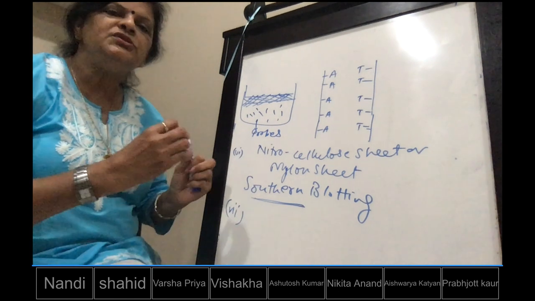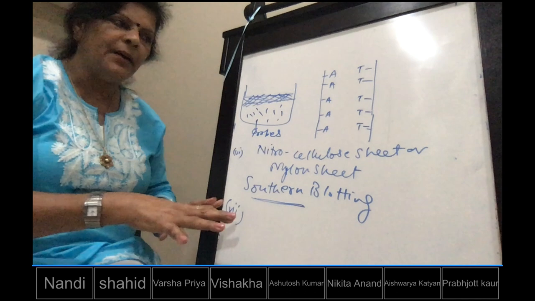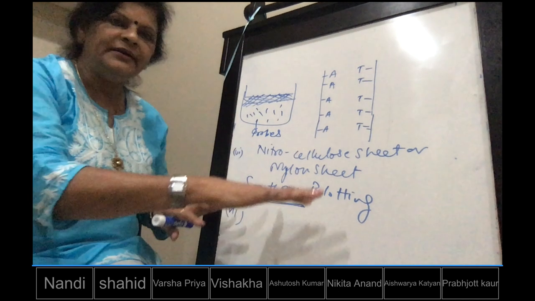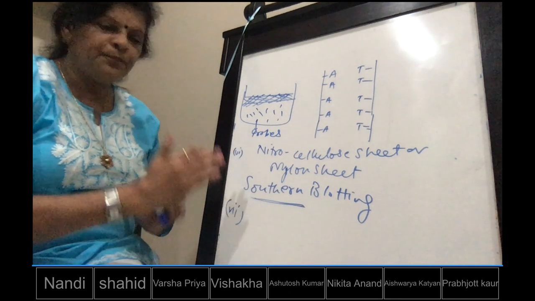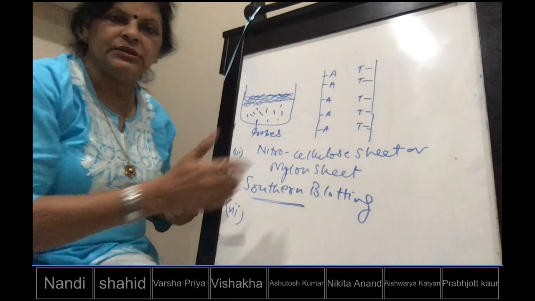This probe is used in random. Different types of probes are just put in the bath and then this VNTR is put, and then this probe will show hybridization.